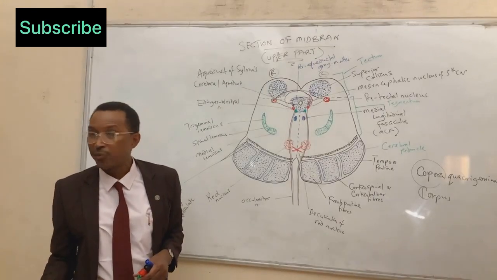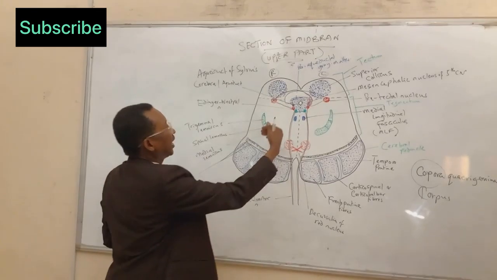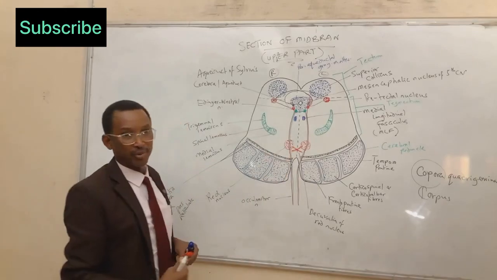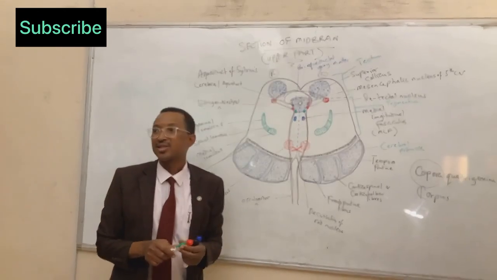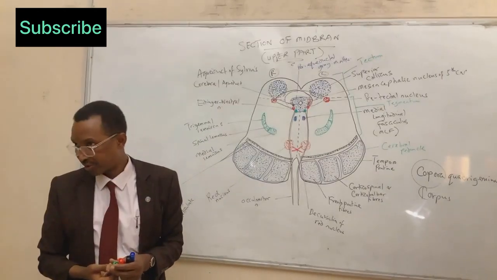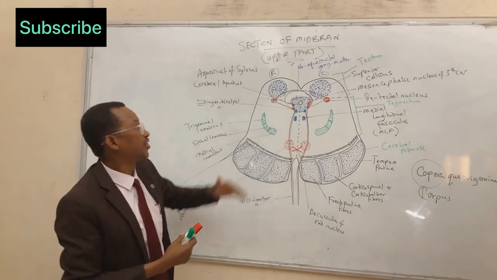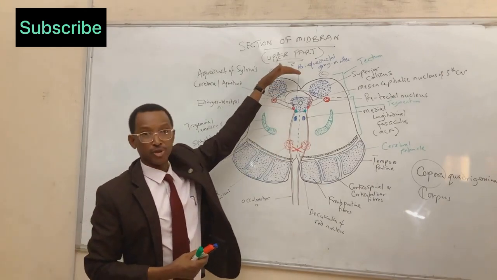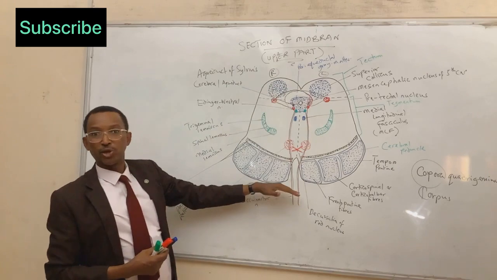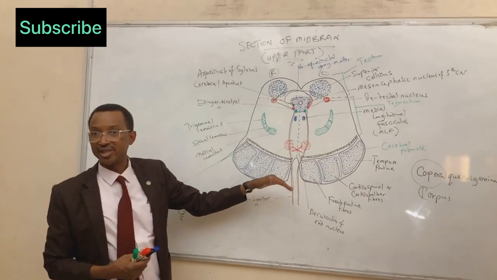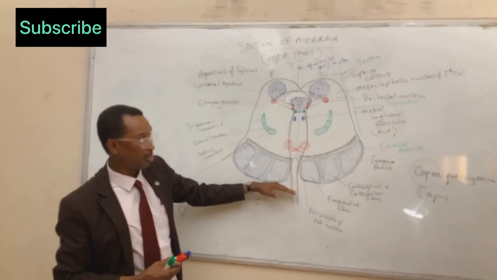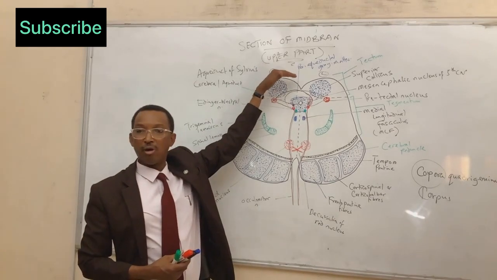Are you clear? Good. So anything anterior to this tectum is what you call the cerebral peduncle. Because this is the posterior aspect and this is the anterior aspect of the brainstem, you get it? So this is the anterior aspect of the midbrain, this is the posterior aspect of the midbrain.